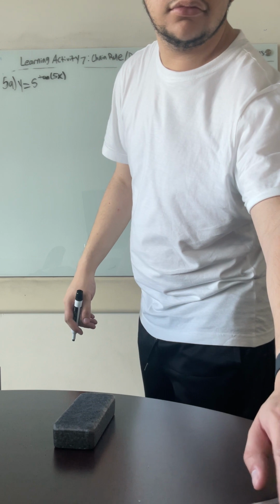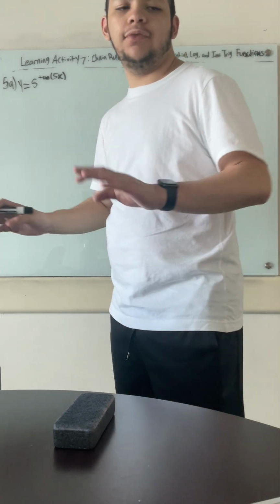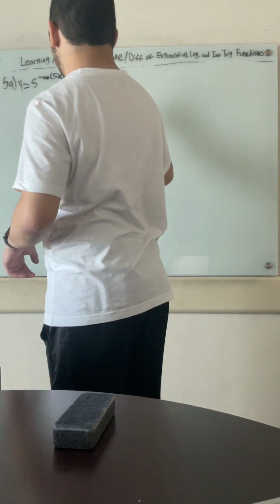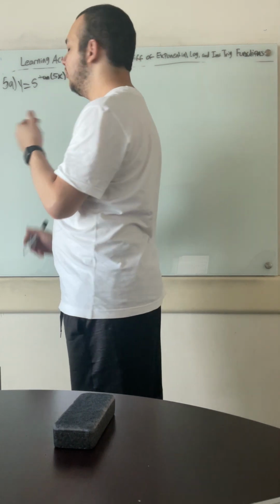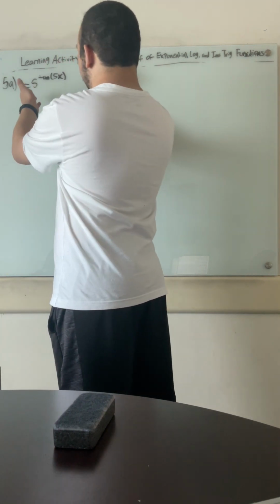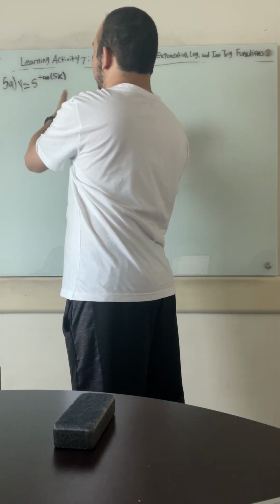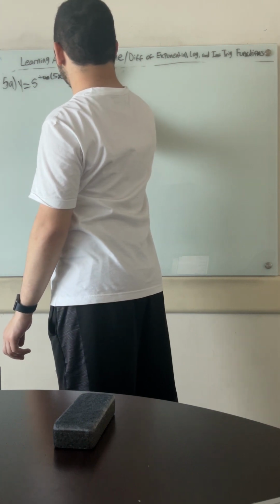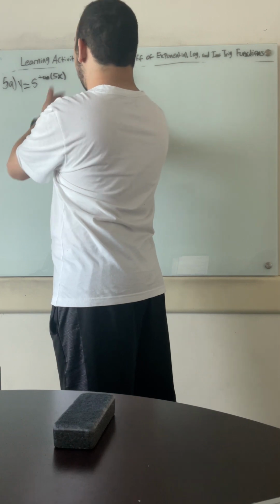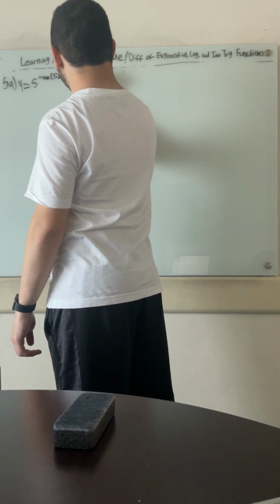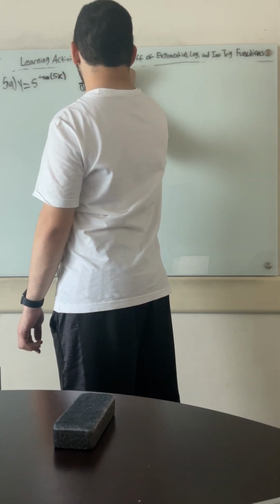Let me just re-clarify some things right here. The derivative of anything to the x, say in this case we're doing 5 to the x, would be like d/dx of 5 to the power of x.